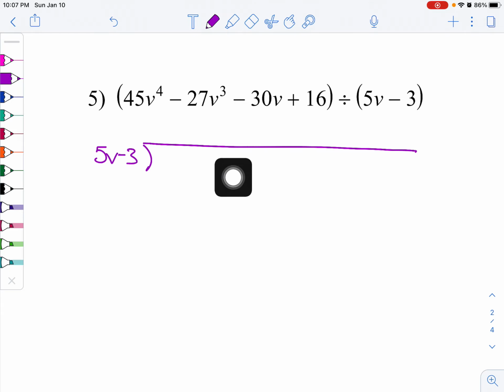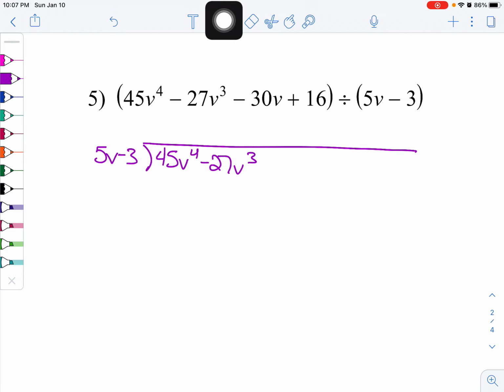Now, when I start writing this into my polynomial, or into the division box, I need to account for every power of v from 4 down to the constant. So we're going to have 45v to the 4th minus 27v cubed.